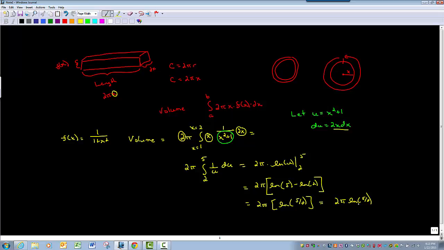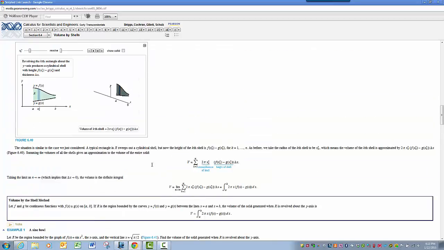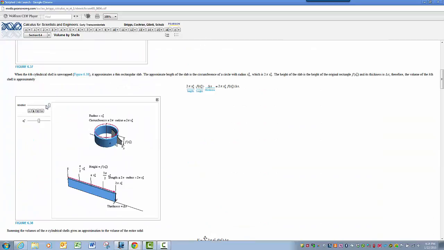You should really take some time to think about why this setup, why this formula makes sense. Once you understand why the formula makes sense, you don't have to memorize it anymore. You can just visualize what it's supposed to be. You're taking this piece here, unfolding it, putting it along here, and generating this.